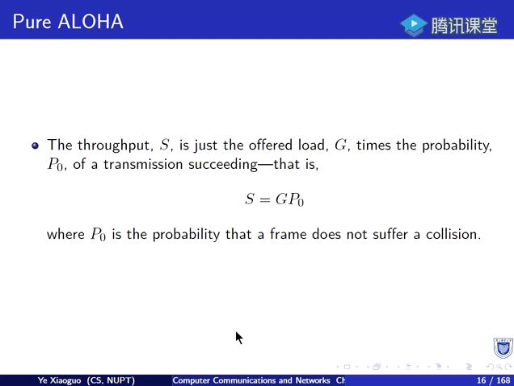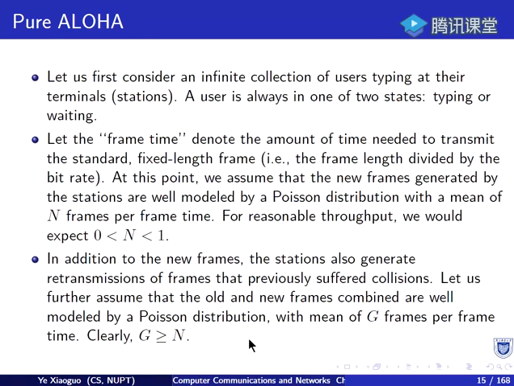That means the probability that a frame is transmitted successfully, right? So P0 is a success probability. So S equals G times P0. What is G?